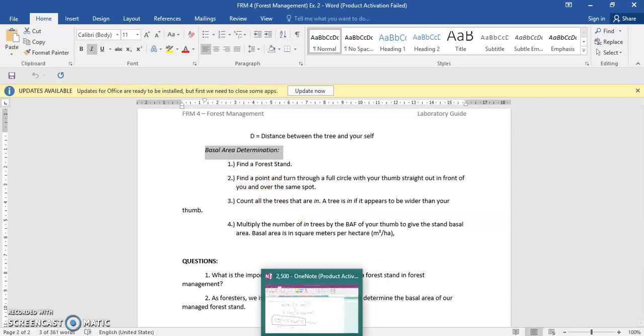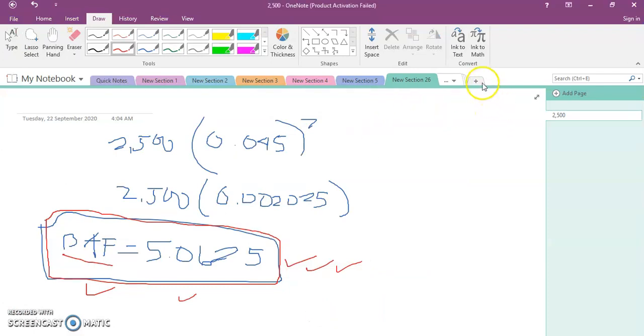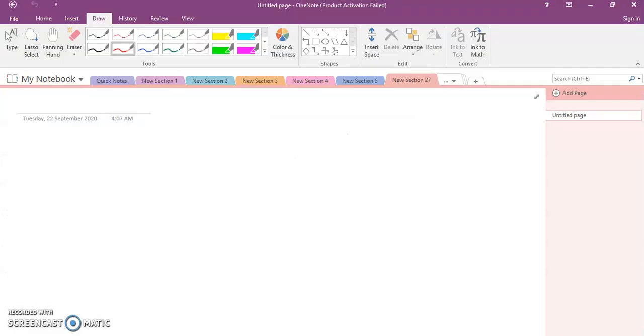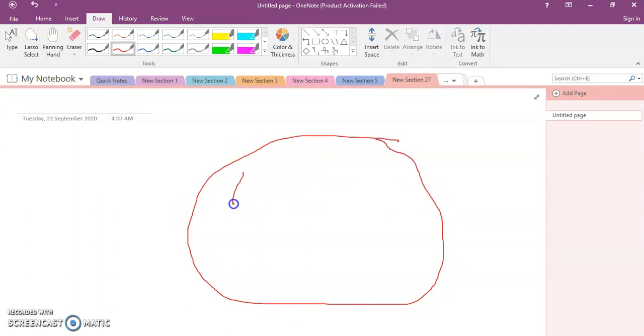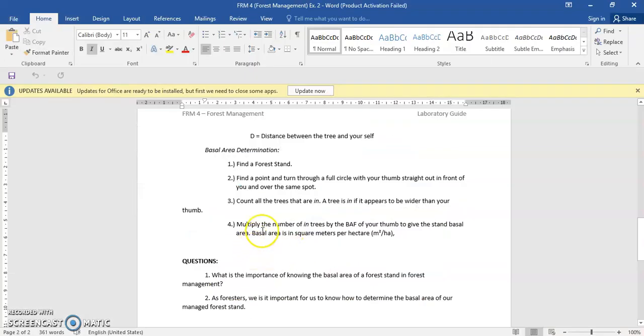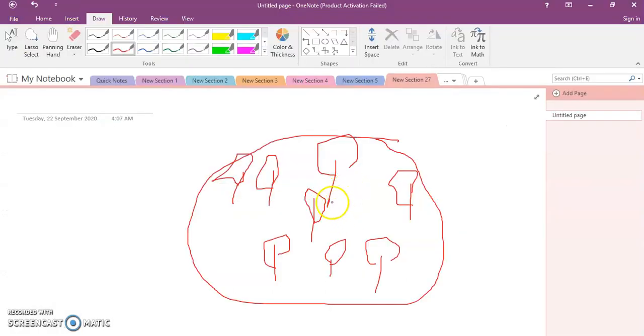Now, the idea of determining basal area in a certain forest stand is, you find a forest stand. For example, this is our forest stand, with trees all over the forest. What you need to do is find a point and turn through a full circle with your thumb straight out in front of you over the same spot. So you find the center of this forest stand.